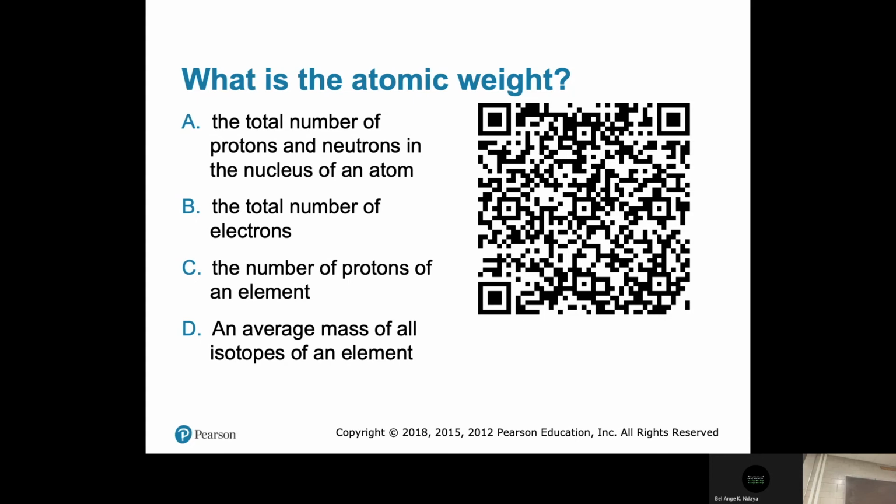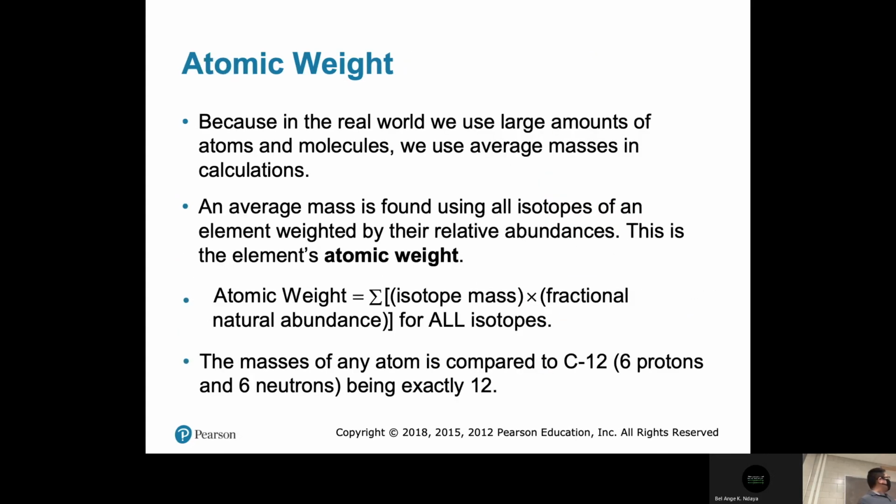Yes, Bella? Go back 2 slides. Sure. You didn't finish explaining. So this is just a long way of saying average, because this sign here means summation.